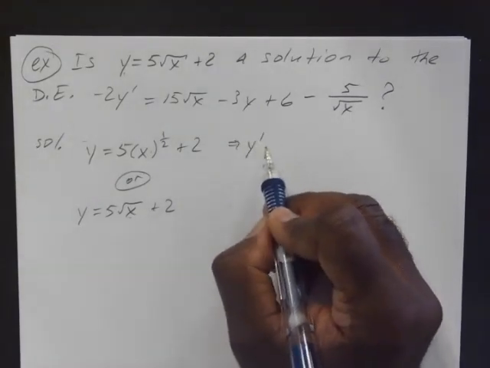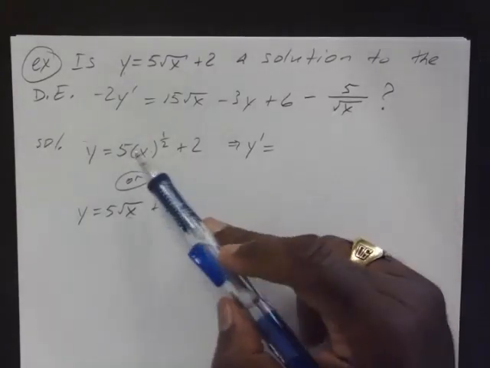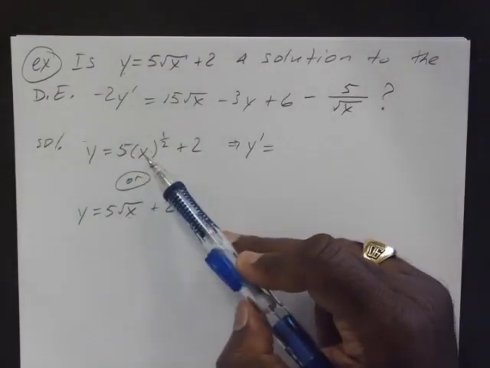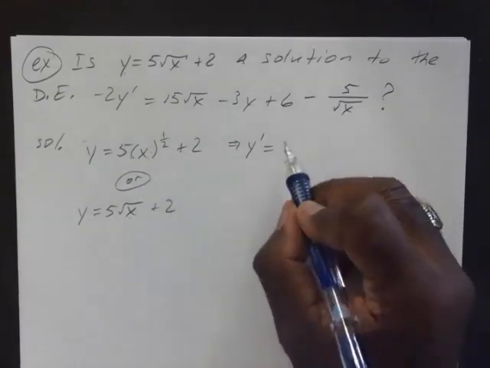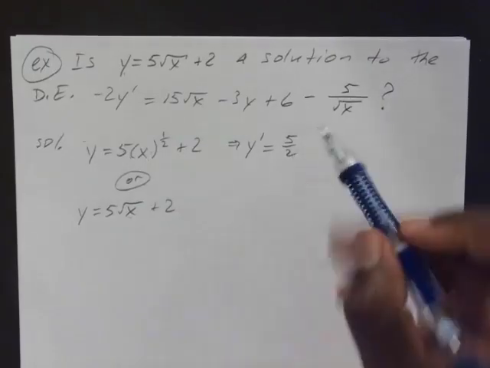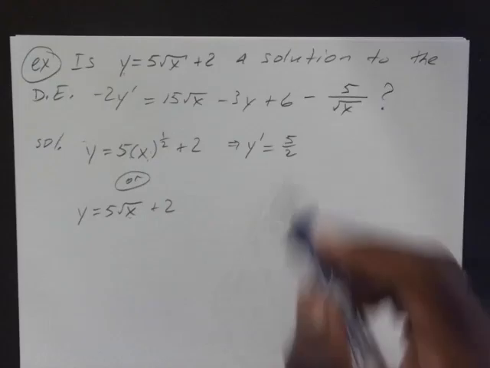That means your first derivative, or your y prime, is equal to 5 times the derivative of x to the 1/2 power. So we bring down the 1/2. So we have 5 over 2 times x to the power of 1/2 minus 1, which is -1/2.